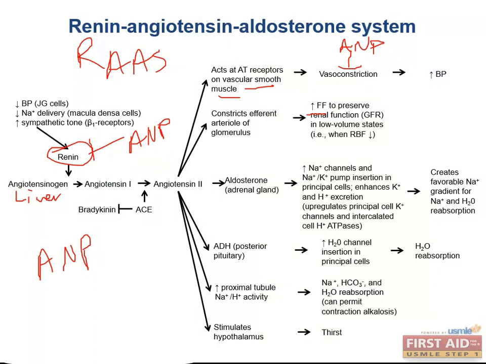Now, knowing the inhibitors for important pathways will be key for the exam, and RAAS is a very important pathway, especially with the high prevalence of hypertension. So, knowing the pathway as well as inhibitors of the pathway, such as ANP, will be important for your exam as well as your clinical practice.